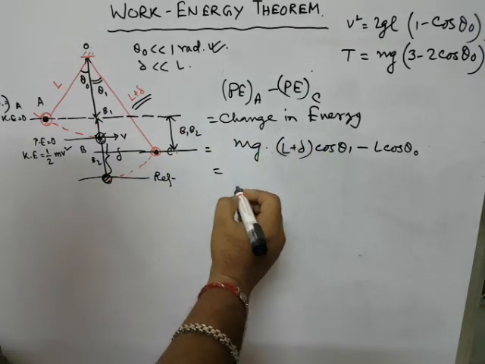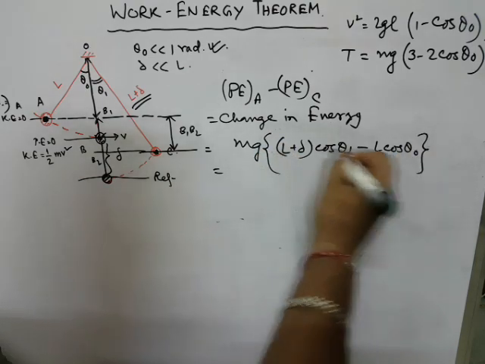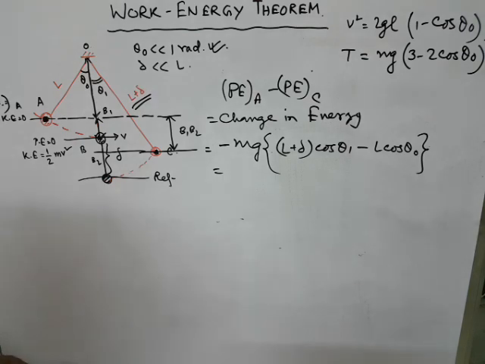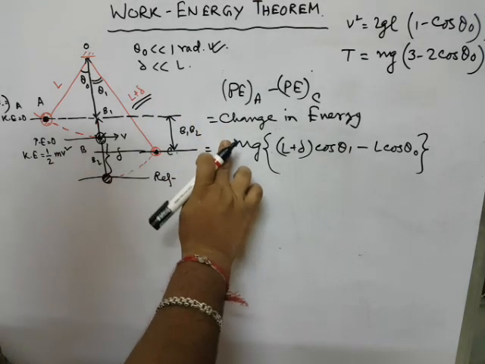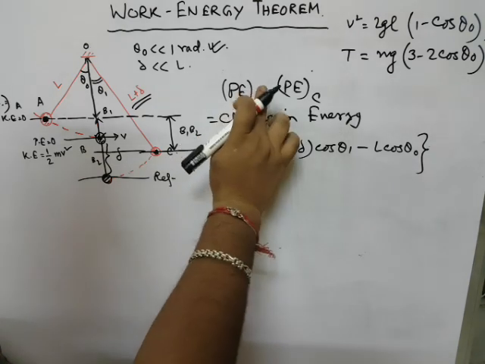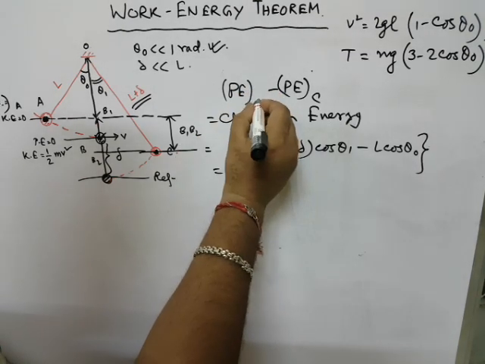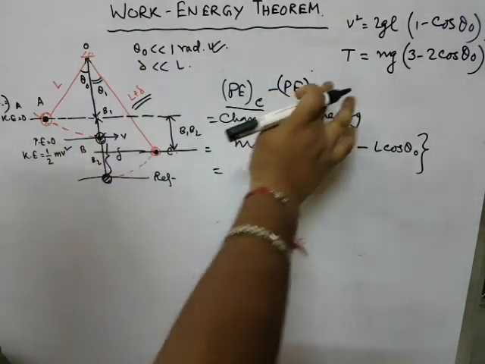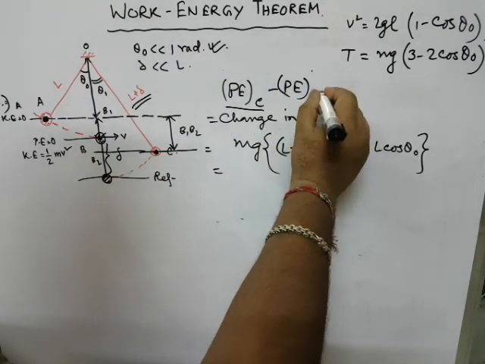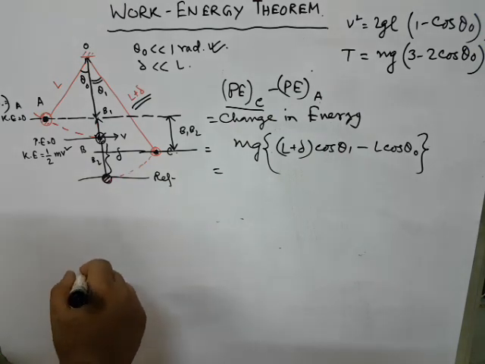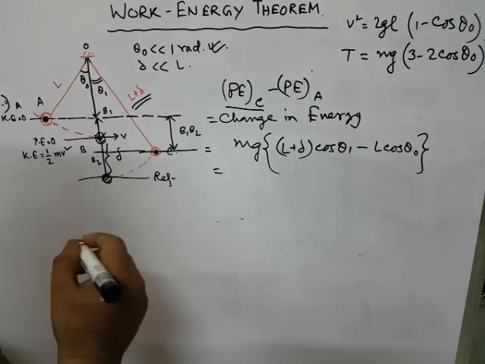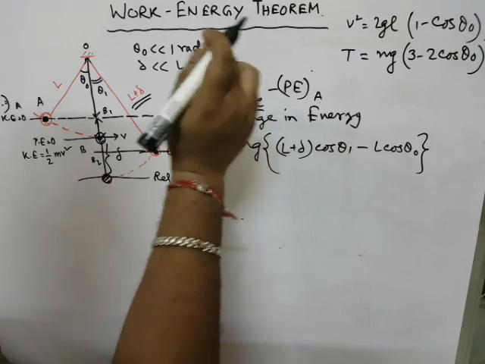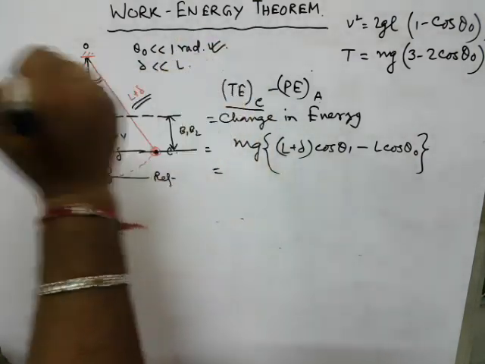And what is this? This is not negative, but for change in energy we need to consider the final potential energy minus the initial. The final is the potential energy at C, and the initial is the potential energy at A. Not only the potential energy, consider the total energy, because this is the extreme point, so the kinetic energy is 0 here.